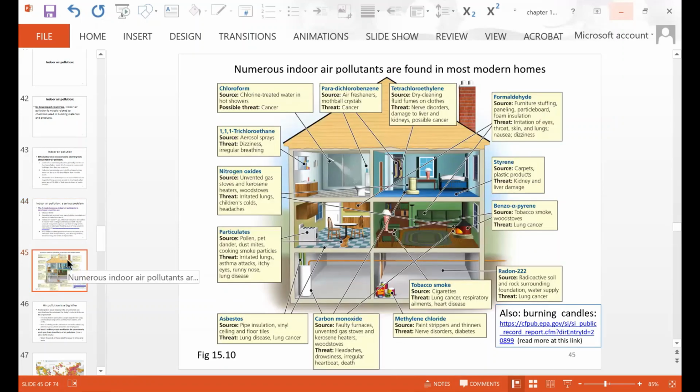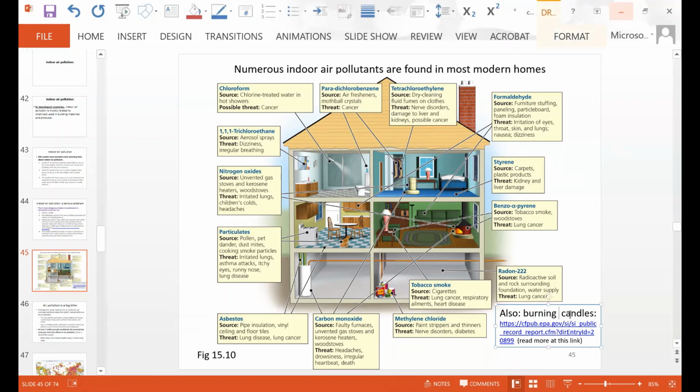This diagram has a whole lot of different examples of indoor air pollutants found in most modern homes. These are going to be in developed nations. Okay, so you could read through this. And then I added over here also burning of candles.